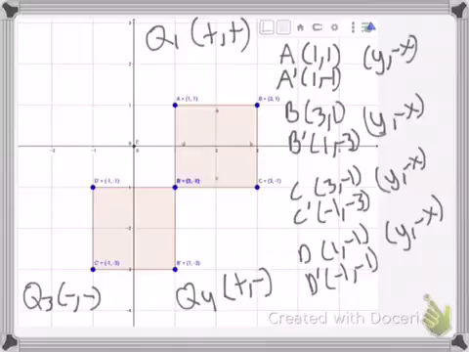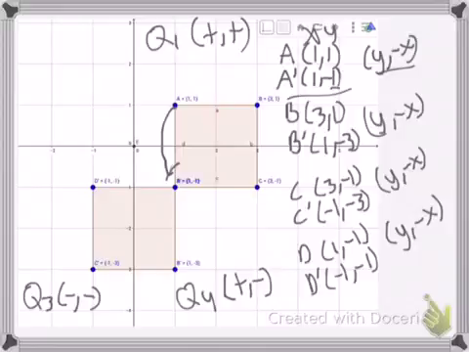So right here we look at A and A prime. We see 1, 1 became 1, negative 1. So it went from here to here. That's where A prime went. And we can see that the X and Y values flip, because remember if you go 90 or 270, the X and Y values will flip. So they flipped again. And this time the X value changed its sign. This is now the new Y value.